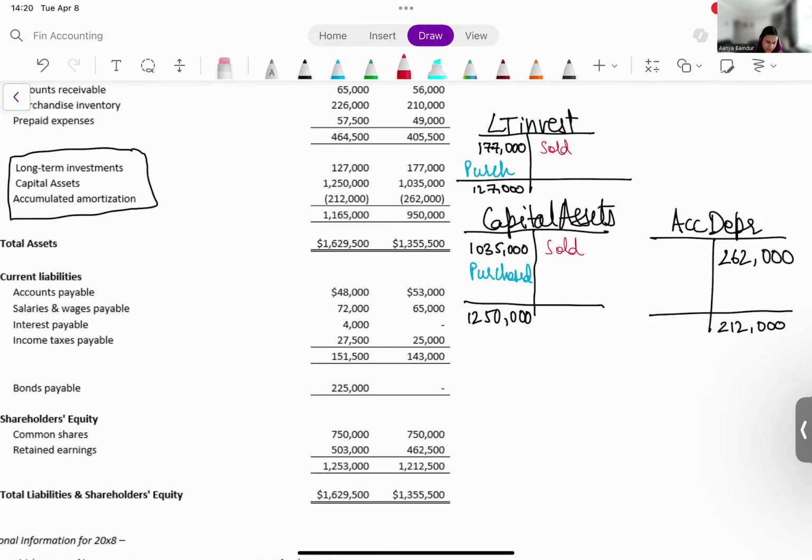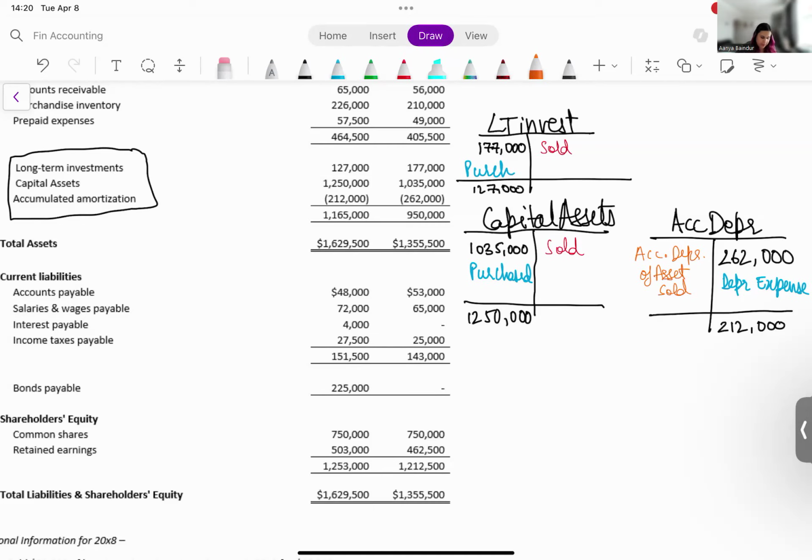Lastly, depreciation will increase by the depreciation expense for the year. And the only amount going out of this is the debiting that we do when we sell an asset. So this will be the accumulated depreciation of assets sold.